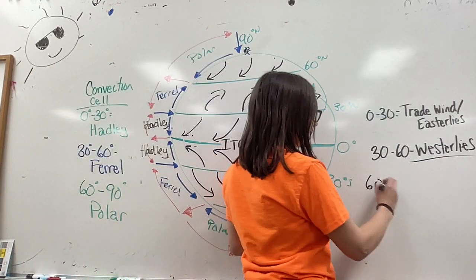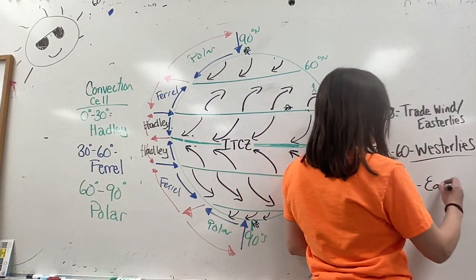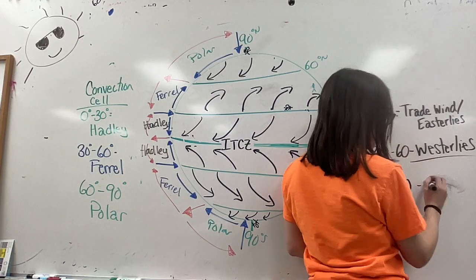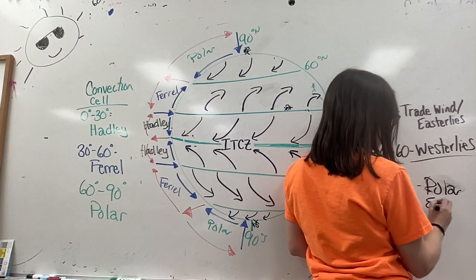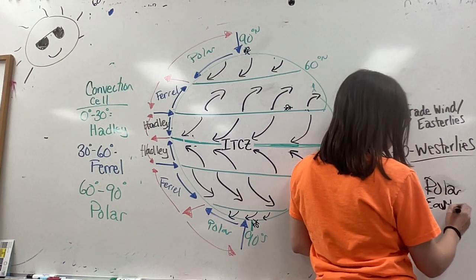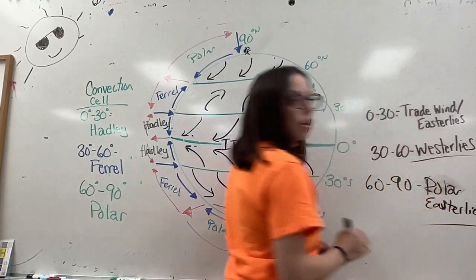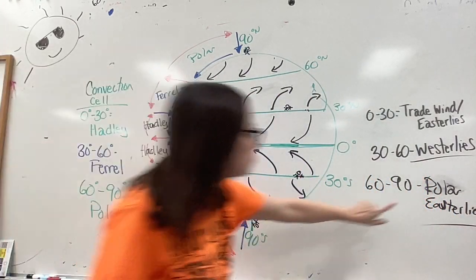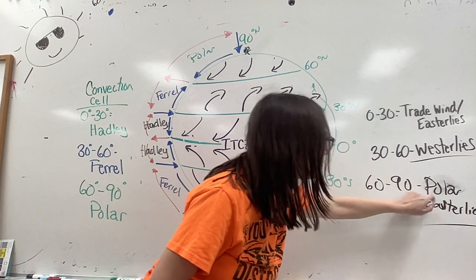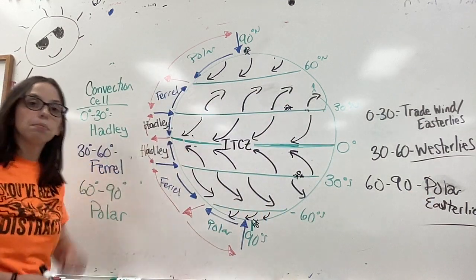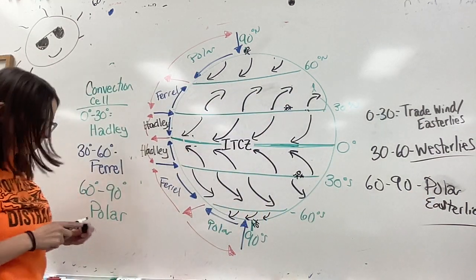Between 60 and 90 degrees, we have the polar easterlies.